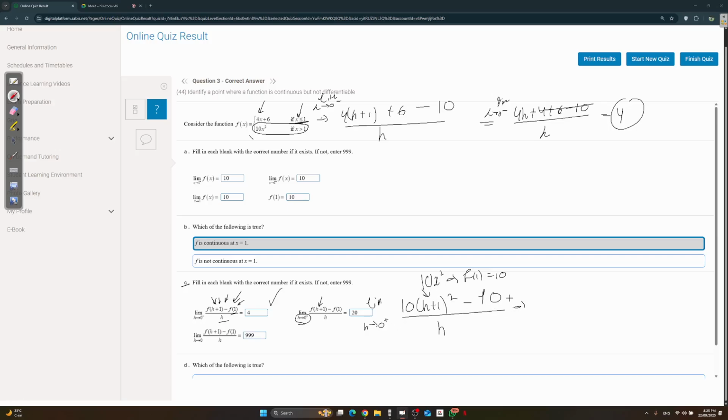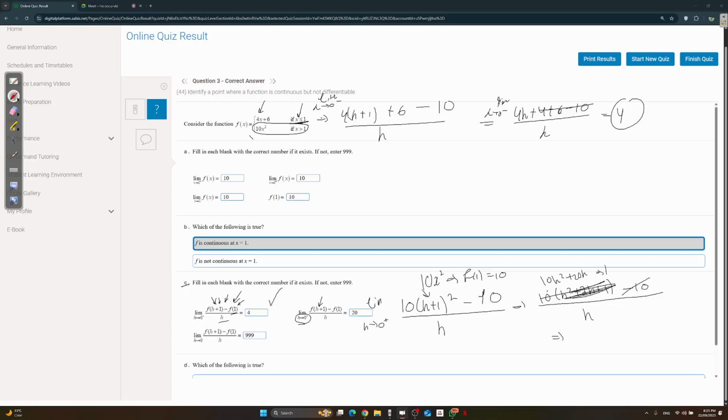Simplifying this top one will get you 10h squared plus 2h plus 1 minus 10 all over h. This is going to cancel with the 10 times 1. You're going to get 10h squared plus 20h over h.